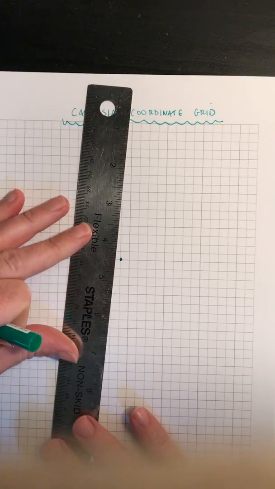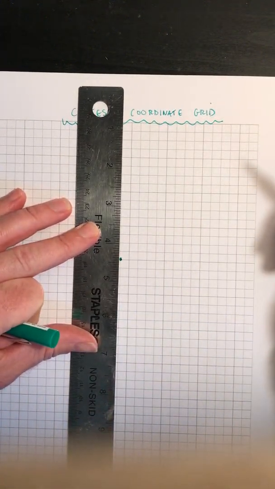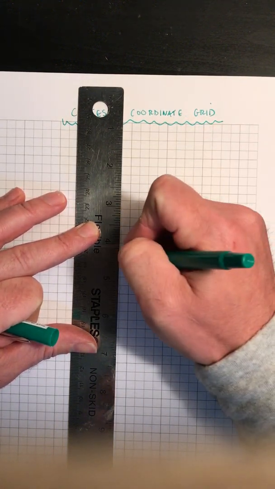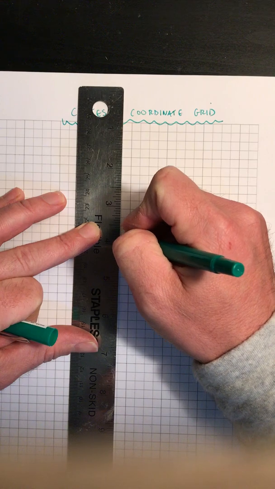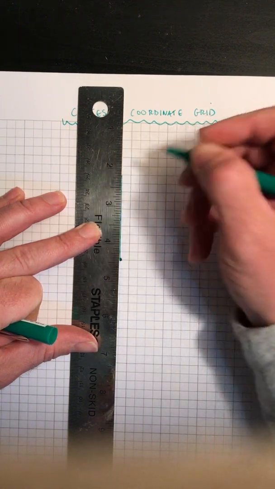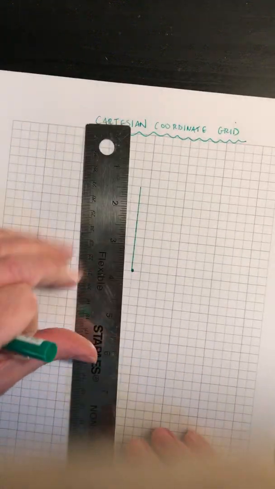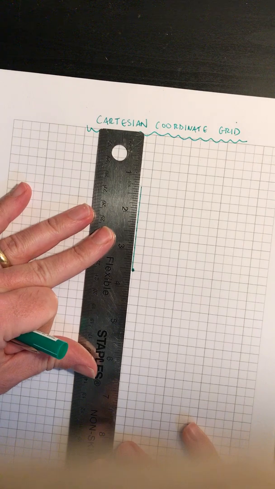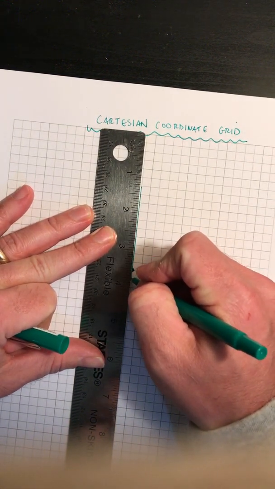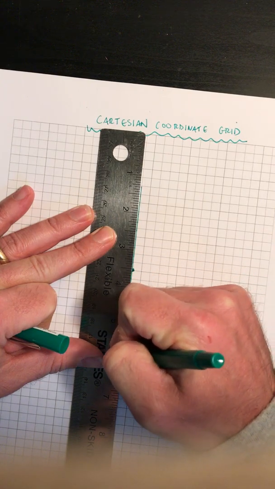Take your ruler and let's go up 10 units, just to start, okay? So we're going to go 1, 2, 3, 4, 5, 6, 7, 8, 9, 10. If we go 10 up, we have to go 10 down. 1, 2, 3, 4, 5, 6, 7, 8, 9, 10.